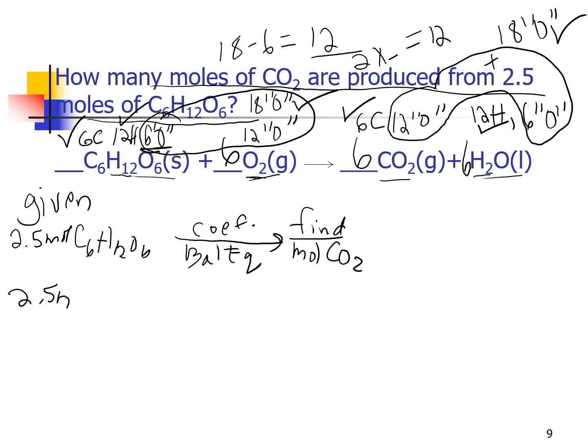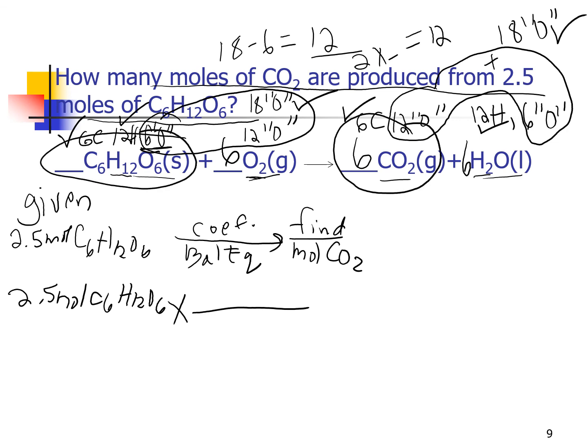2.5 moles C6H12O6 times, we're going to look in our equation to find a relationship between our moles of CO2, which is 6, and our moles of glucose, which is 1.